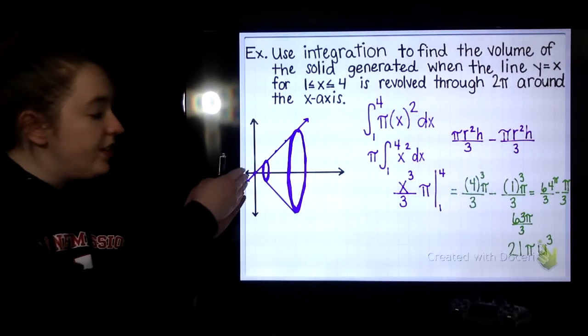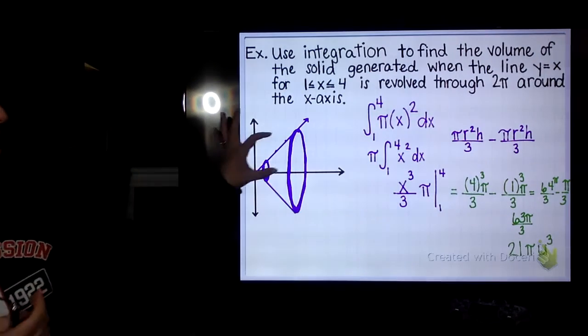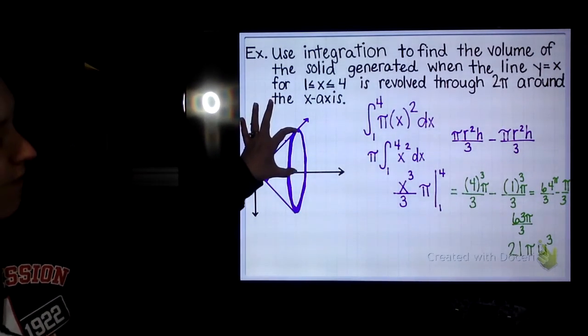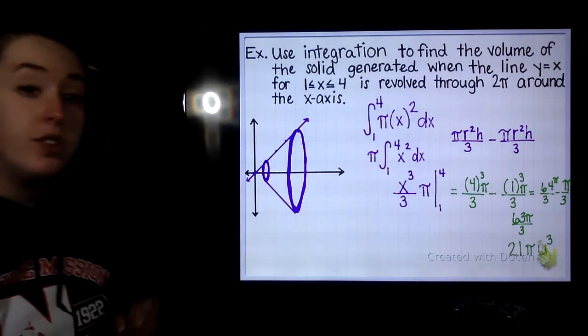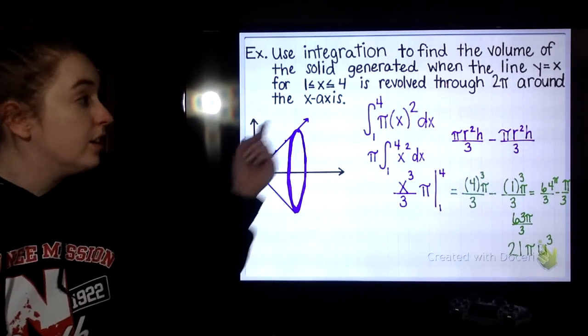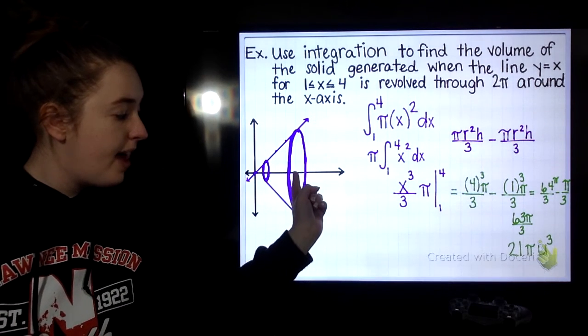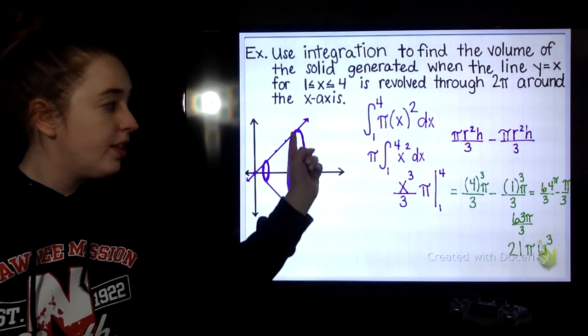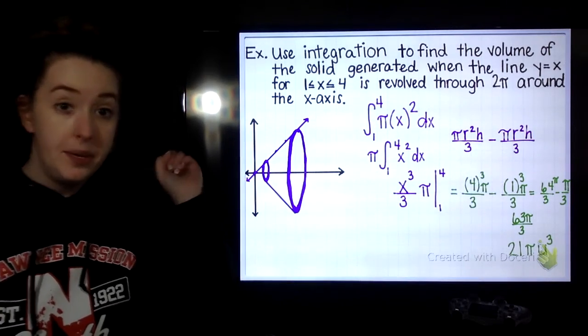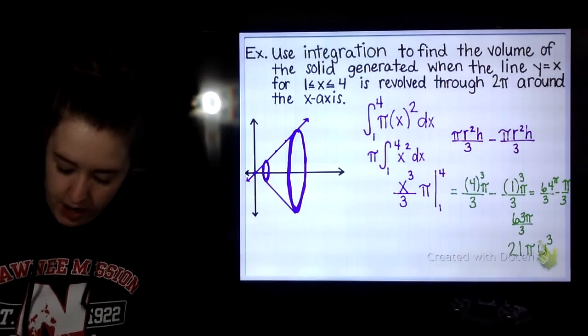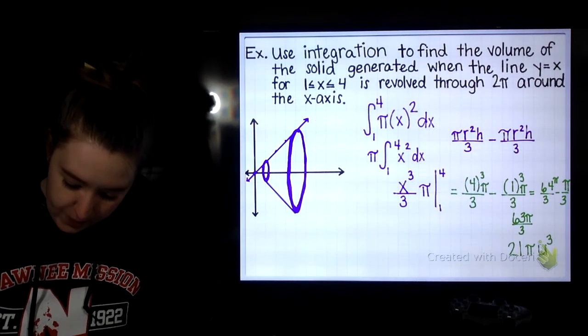So if we think about this large cone, the radius right here at 4 is going to be equal to 4. The reason for that is your graph is y equals x. So if I'm at x equals 4, then I'm also at y equals 4. So I know my radius there is going to be 4.